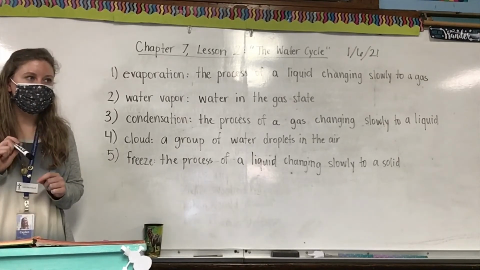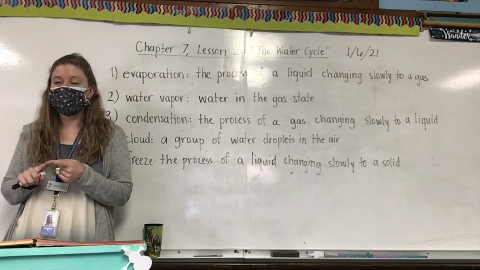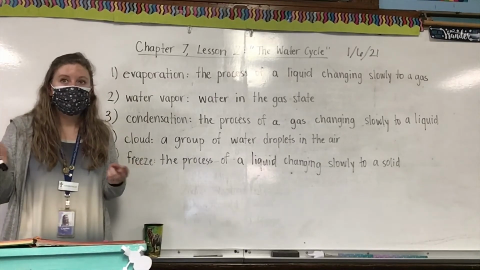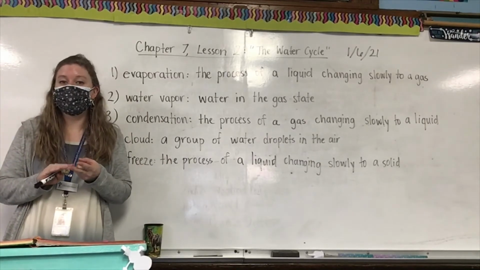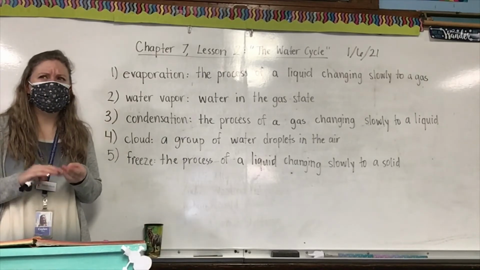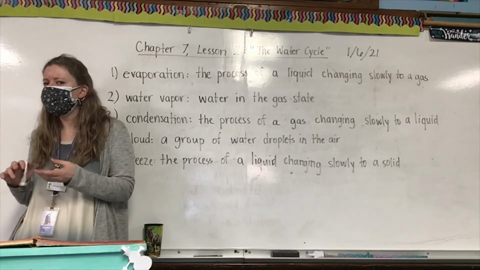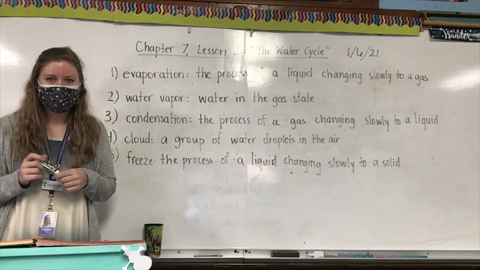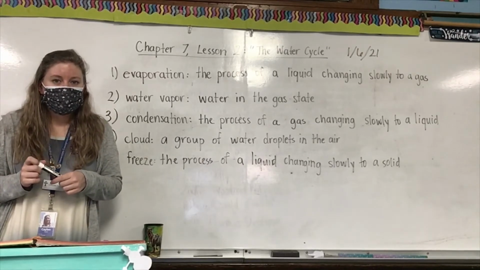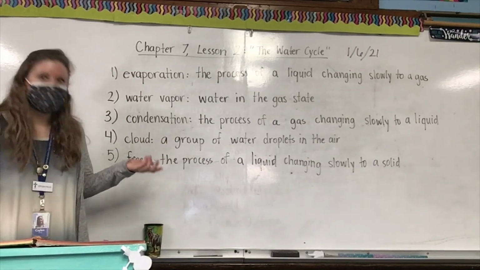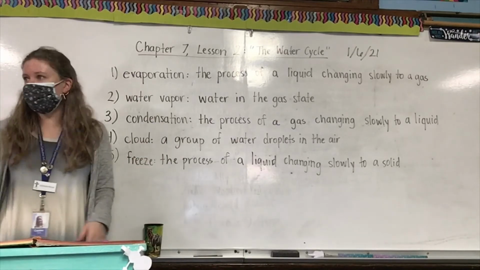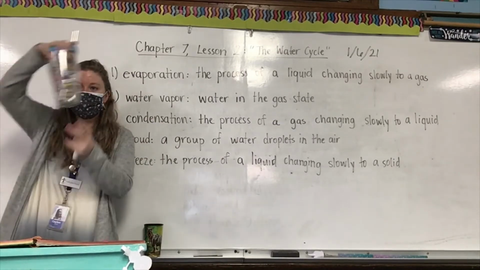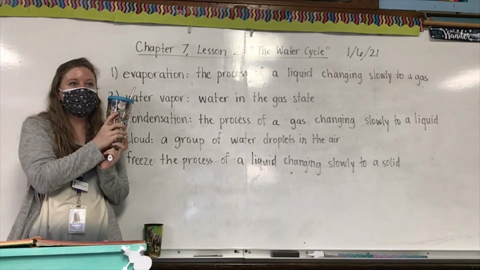What is solid water called? We know water in the liquid state is just water. Water in the gas state is water vapor. What is water in the solid state? Smith? Ice. Exactly.